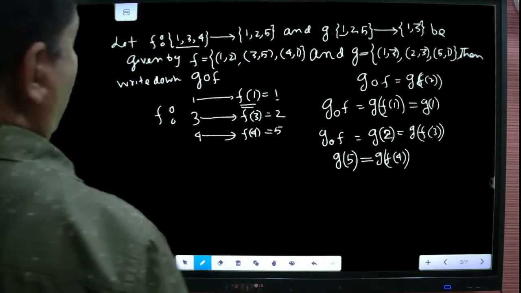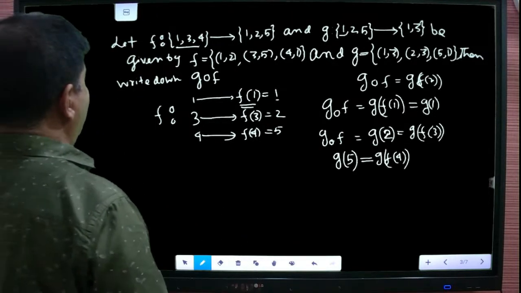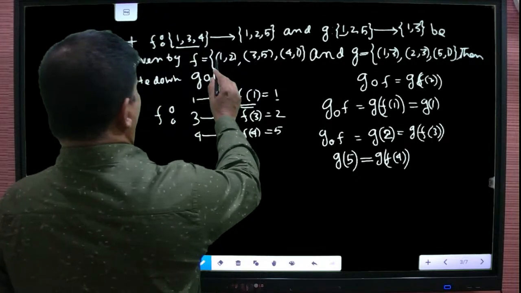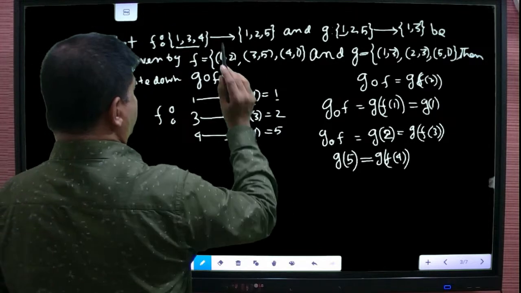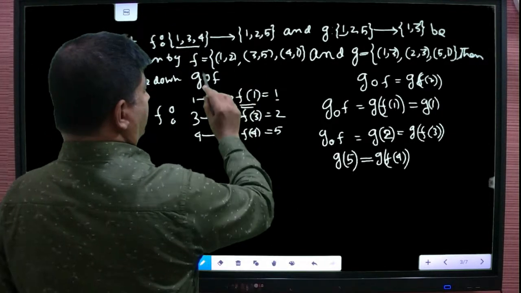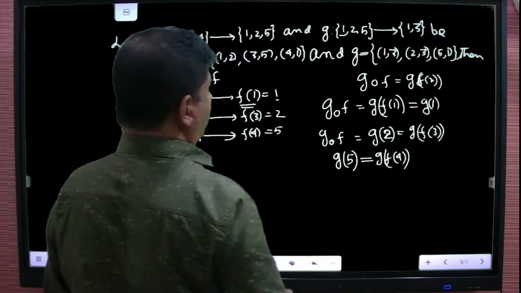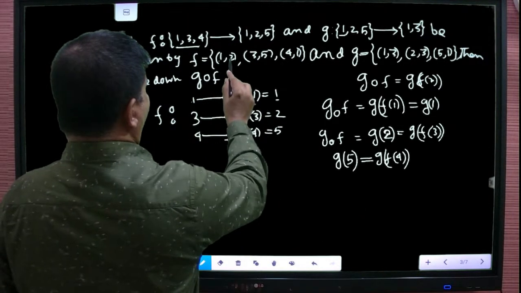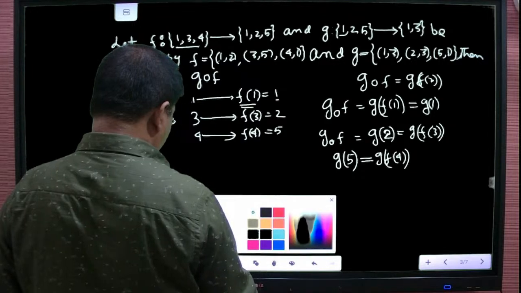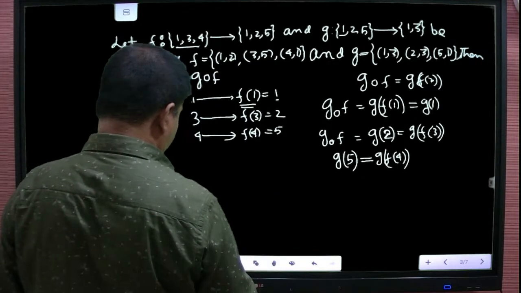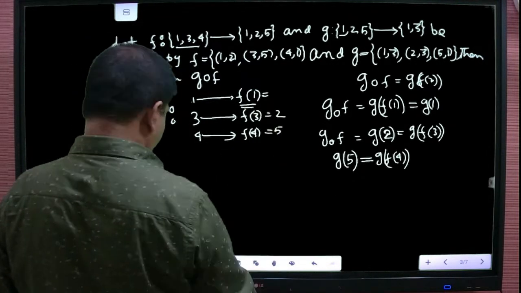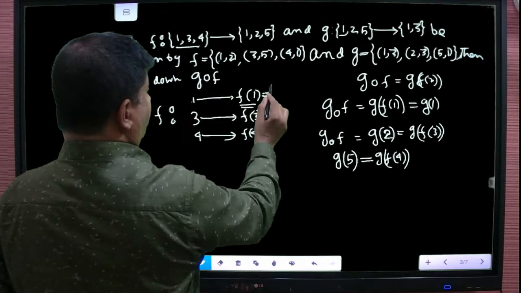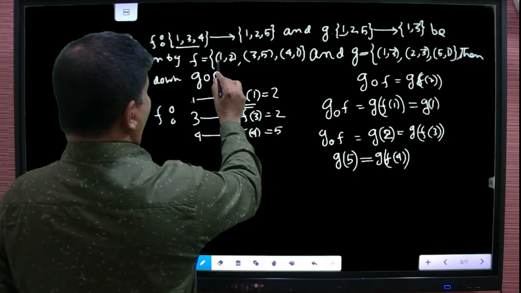Now you observe here 1 goes to 2. So F1 is not 1 but 2. Okay. So there is some confusion that may arise. F1, 1 goes to 2.